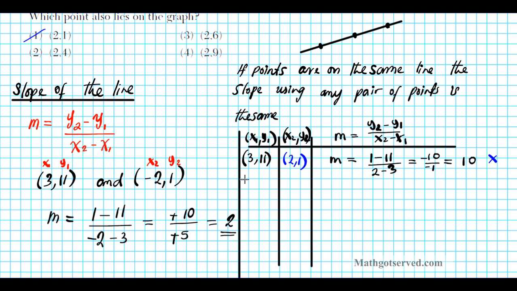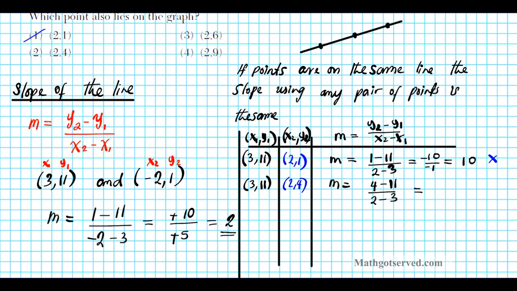All right, now let's move on to the next option. We'll keep x1, y1 fixed because we know that it is on the line. Option 2 is (2, 4). Let's test that point and see if we get a slope of 2. So m is y2, which is 4, minus y1, which is 11, divided by x2, which is 2, minus x1.